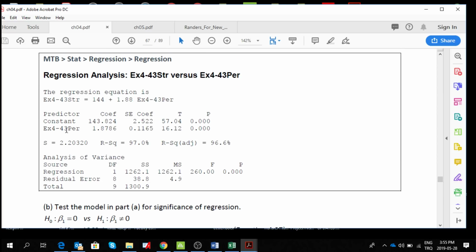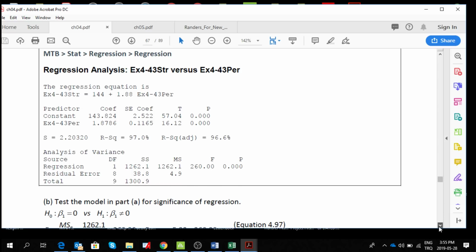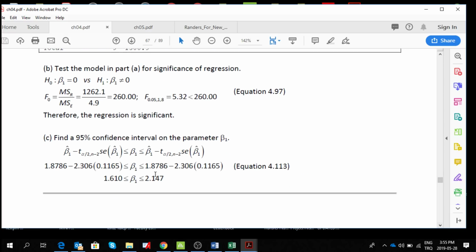The standard error coefficient for x, which is beta 1, is 0.1165. The standard error coefficient for the constant is this, so we are going to use 0.1165 right here, and then beta 1 lies in this interval. That's the end of the question.